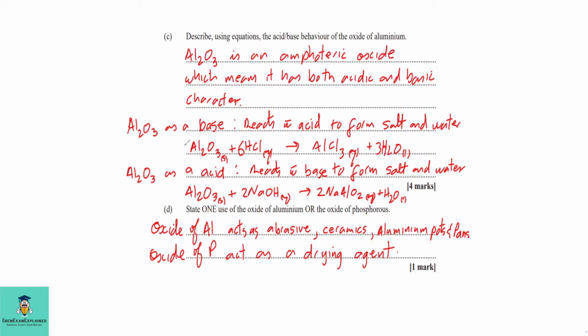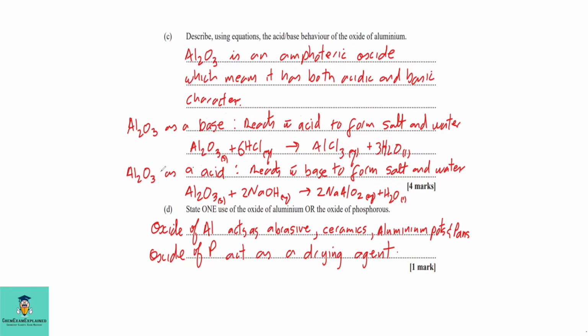So we're now going to write equations with that in mind. So if aluminum oxide is behaving as a base, then it will react with acid to form salt and water. So we have Al2O3 plus hydrochloric acid to give us aluminum chloride plus water.